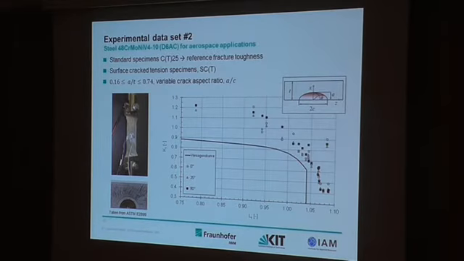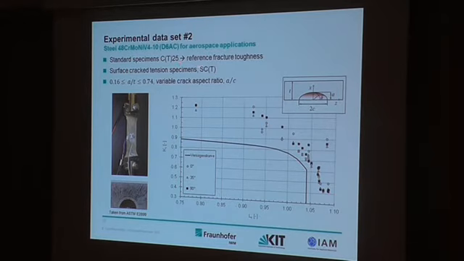So another set of data, number 2, is available from a former project on the qualification of the Ariane 5 booster. It's a high-strength steel with a yield strength of about 1 gigapascal and with a very low strain hardening. So they have performed a series of CT tests.